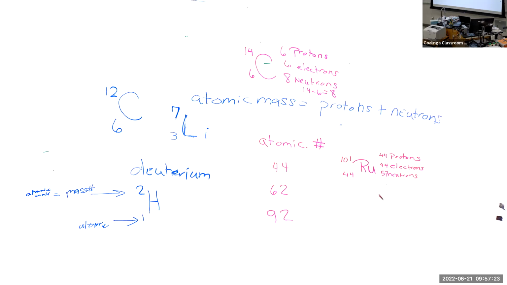Okay. What is the symbol for atomic number 62? Sm. Its mass number is 150. Its atomic number is 62. Number of protons, 62. Electrons, 62. Neutrons.